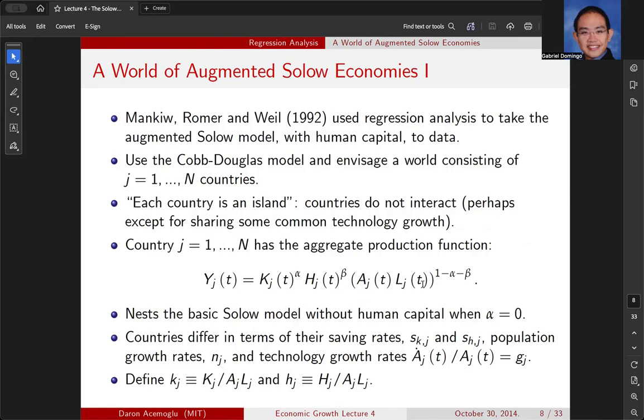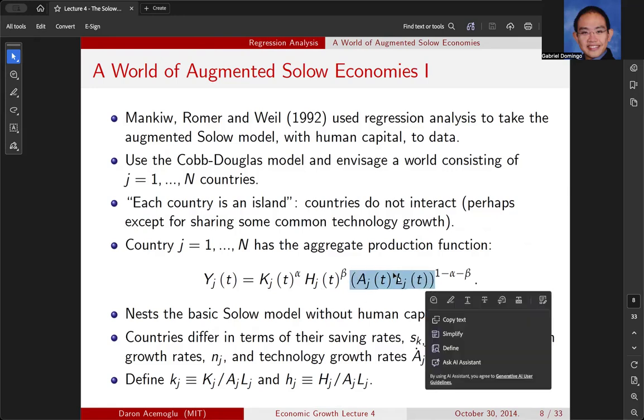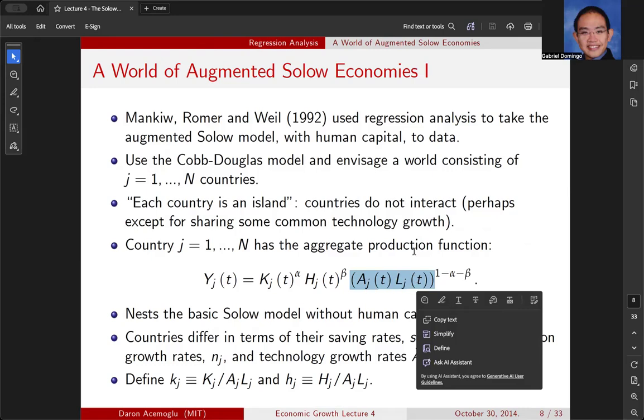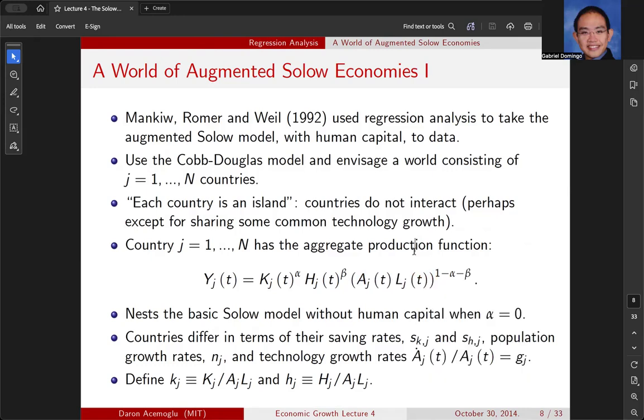And then A times L, this is now your labor, which if you notice, there's an A here, which means we should be thinking about efficient labor units, right? A times L. Okay. So now you have three inputs, K, H, and L, right? And the coefficients in the Cobb-Douglas production function are alpha, beta, and 1 minus alpha minus beta. So this makes it a CRS production function, constant returns to scale.